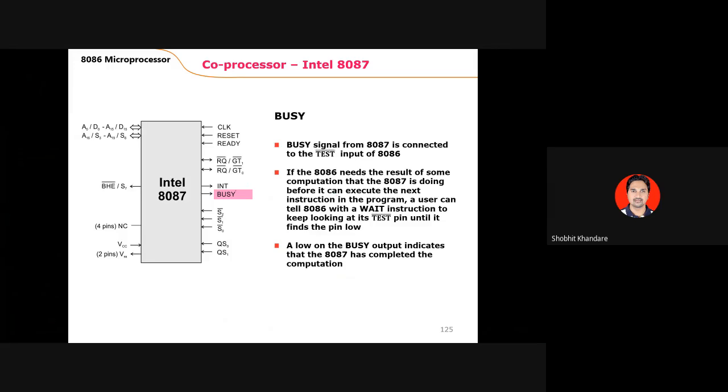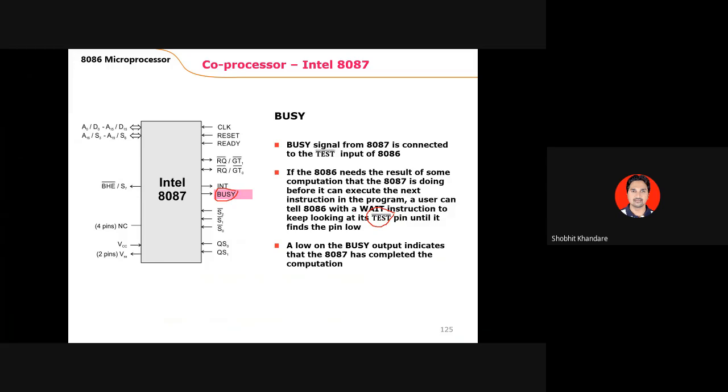We are using the BZ output pin. This BZ output pin we haven't studied in 8086. This is a pin of 8087, but it is connected with the test bar pin. And you know the function of test bar from the 8086 explanation. You can just read this, and you can also understand the function of the BZ output pin, which is connected with the test bar.